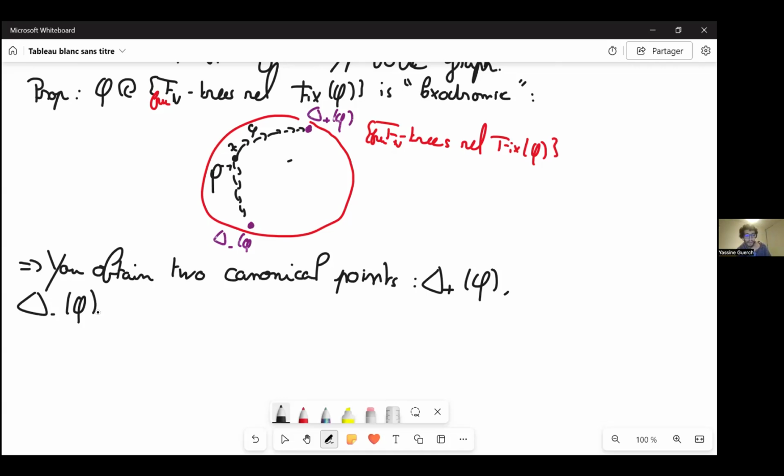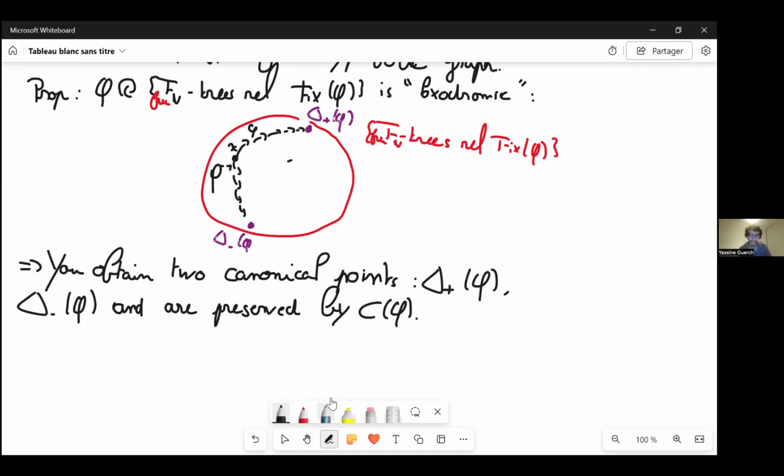They are preserved by the centralizer of phi. So you obtain 2 points, delta plus and delta minus of phi, which correspond morally to almost 3 FN trees relative to fixed phi. And since they are canonical for the dynamical action of phi, they will be preserved by the centralizer of phi.